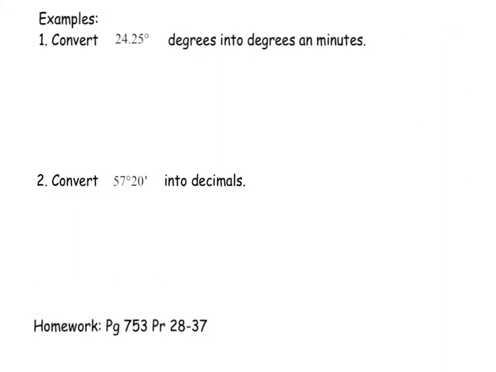So to convert degrees in decimal form to degrees and minutes, I'm just going to simply start out with the degree. It's still going to be 24 degrees. And if I use the decimal part, which is 0.25 over 1, will equal to 60 minutes and x.